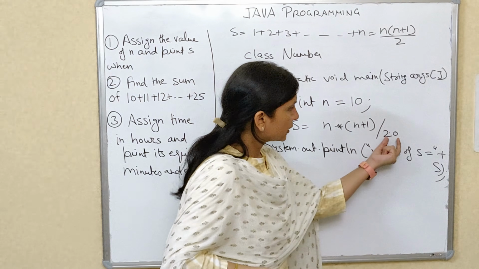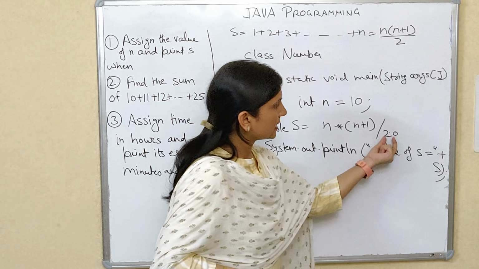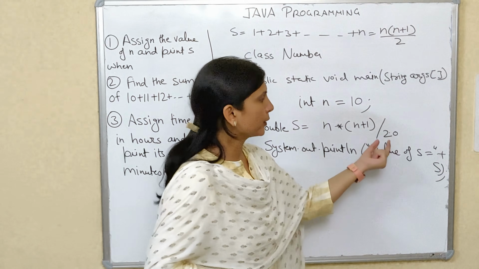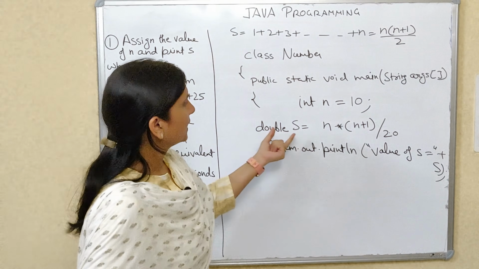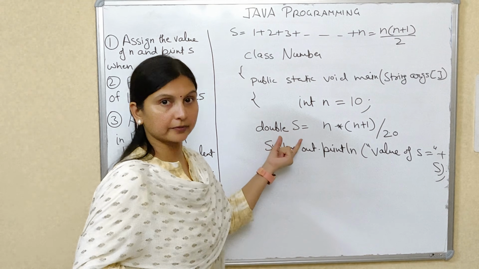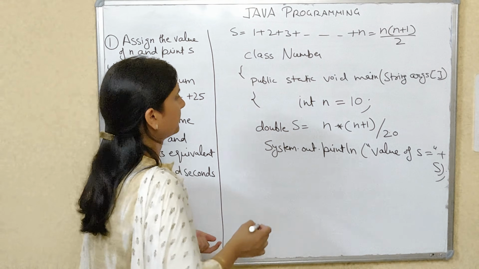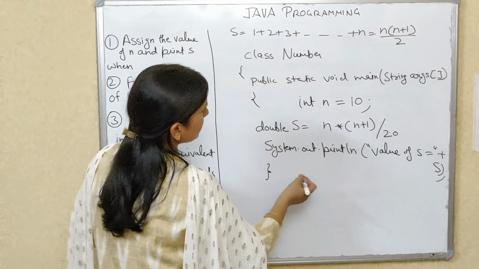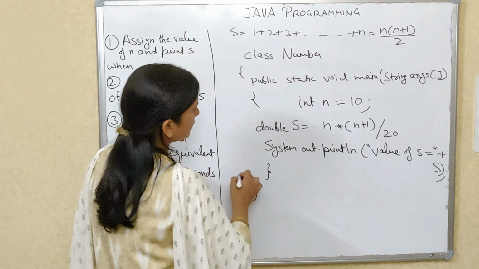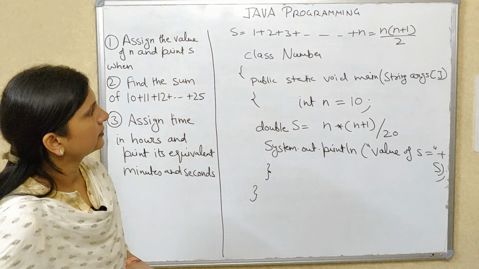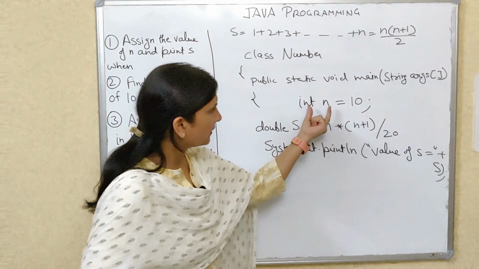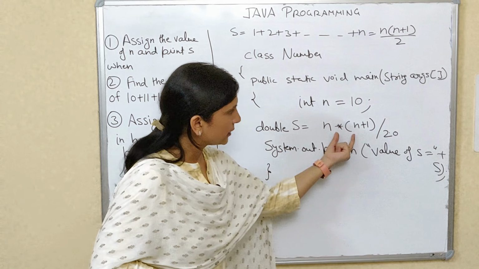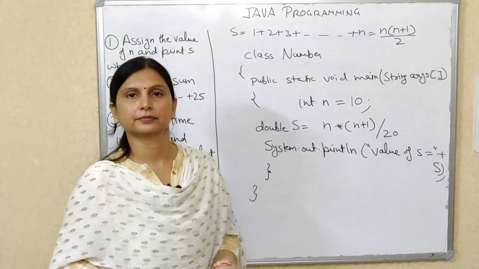But you need to keep in mind that you convert the integer into decimal, 2.0, so that you can get the correct double value. Fine. Rest was very simple. Display the value of s and then close it. Fine. I hope it is clear. Assign the value of n and display the value of s by using this formula.